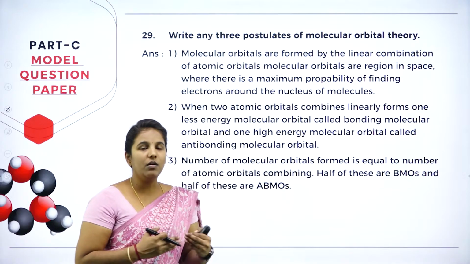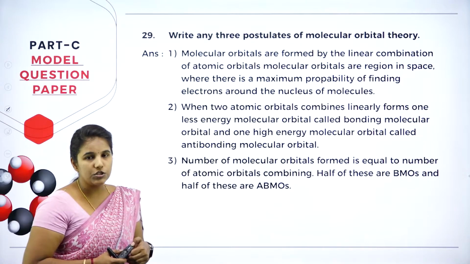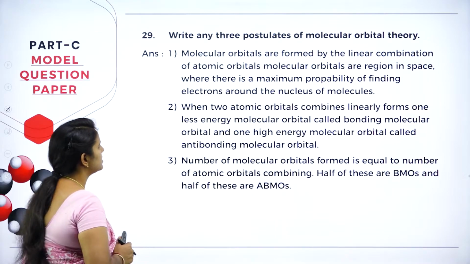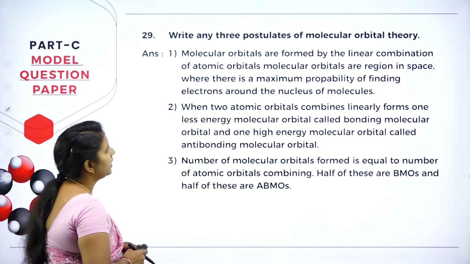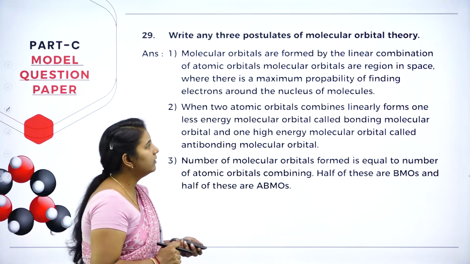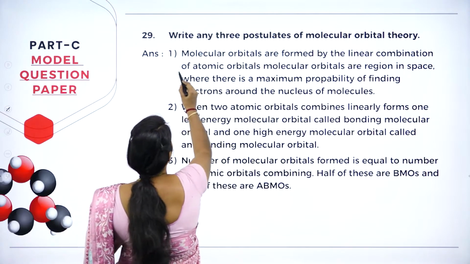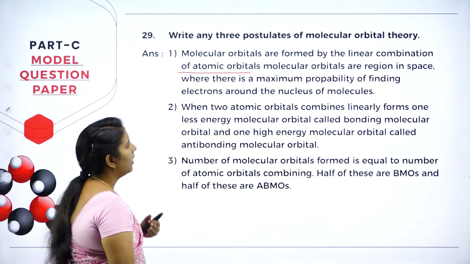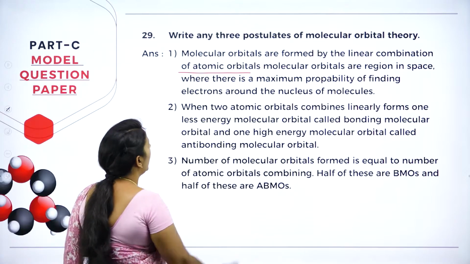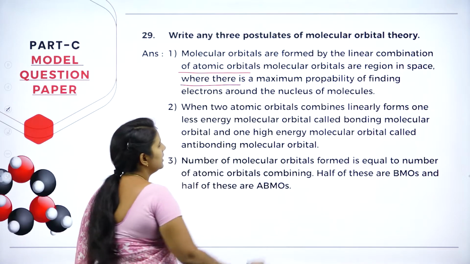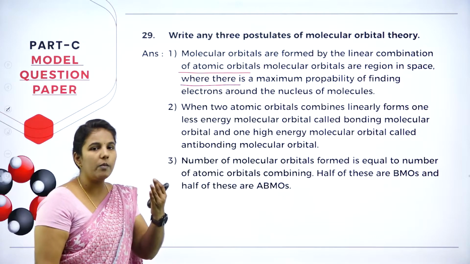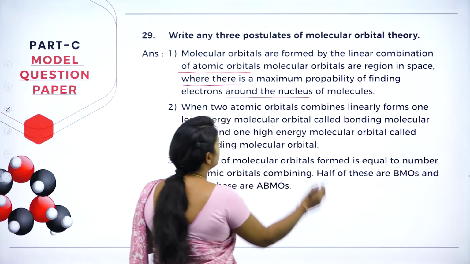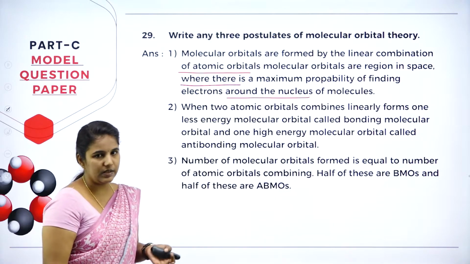So which are the postulates of molecular orbital theory? Let's discuss now. Molecular orbitals are formed by linear combinations of atomic orbitals, and molecular orbitals are the region in space where there is a maximum probability of finding the electrons around the nuclei of the molecule.